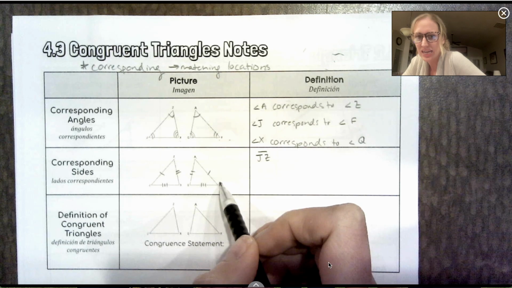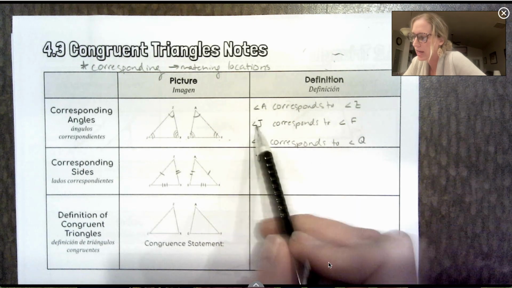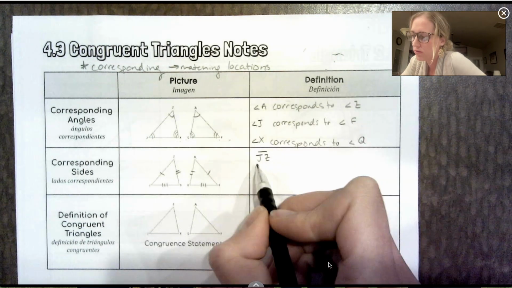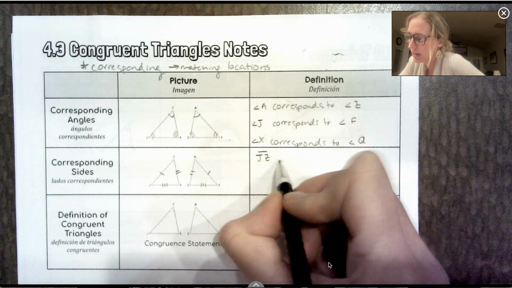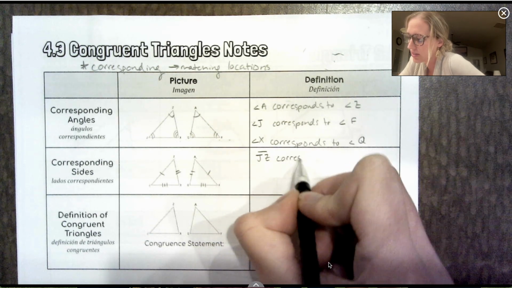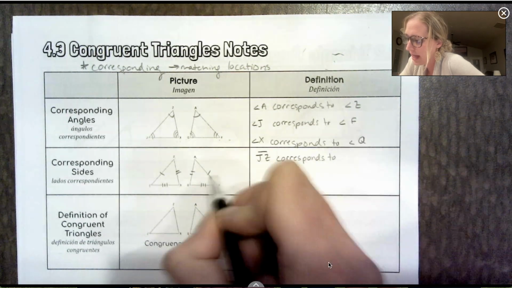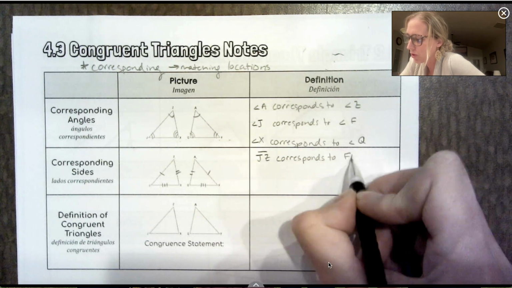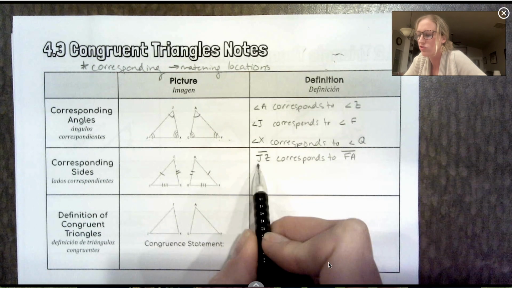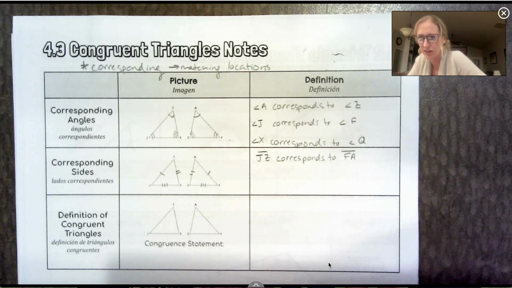It needs to go in the same order. So we just said that J and F corresponded. Since I listed J first, I need to list F first. So I'm going to say the side JZ corresponds to FA, because J and F align, Z and A align.